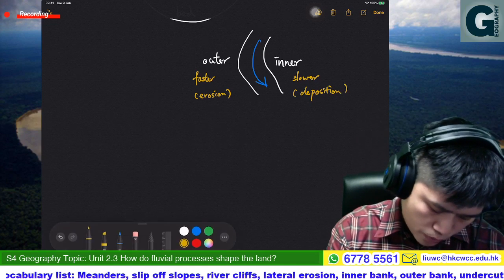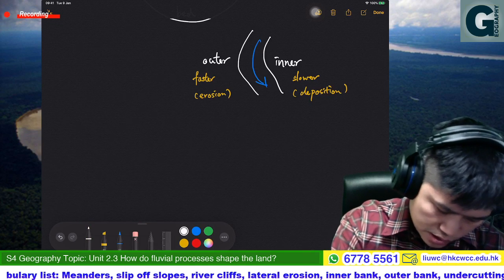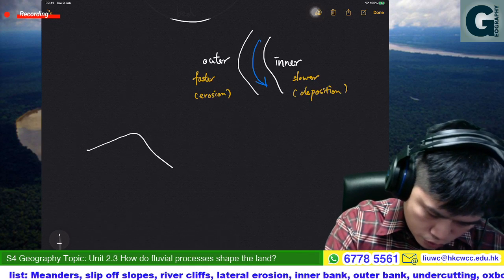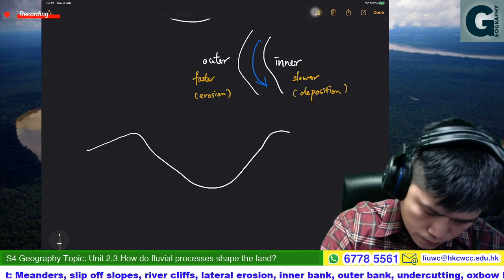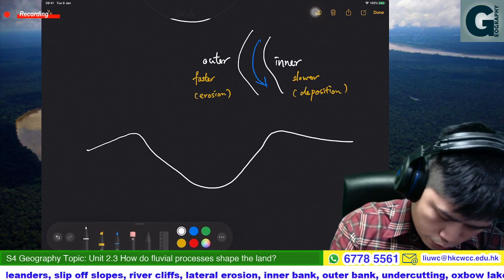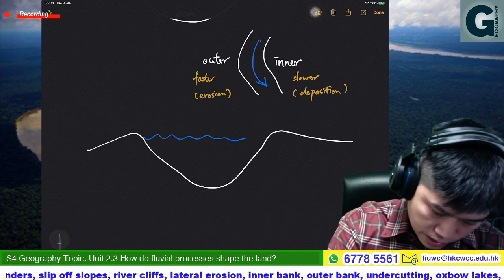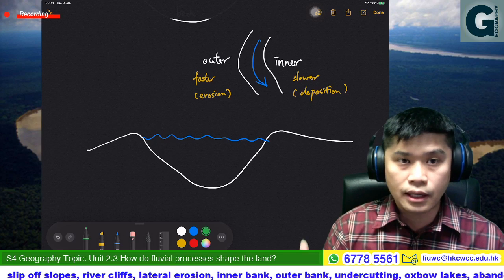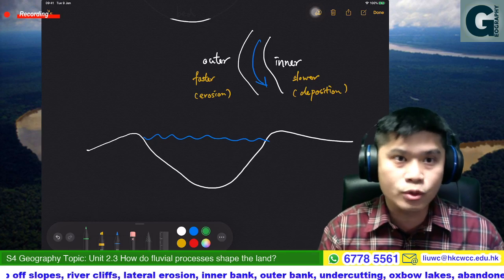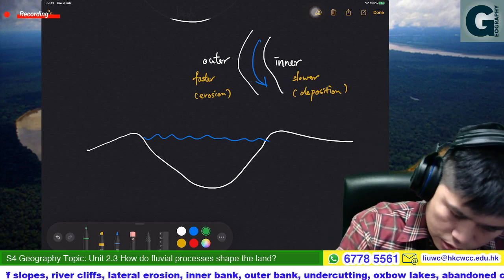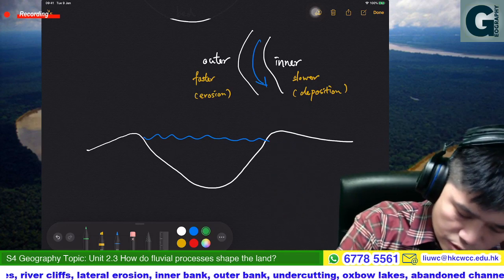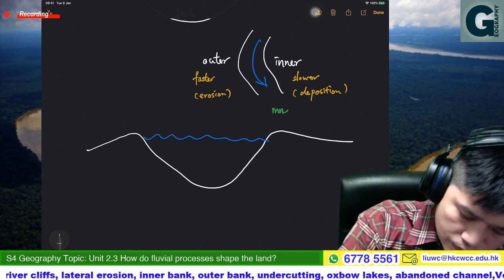So what would be the changes? It would be like this. If I draw a normal river cross section like this, right now I have to note where would be the inner bank and where would be the outer bank, just like what I have drawn here. Imagine that on the right hand side, that would be the inner bank.